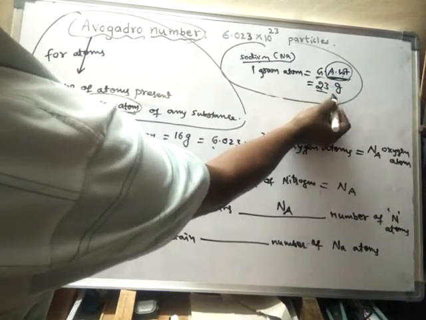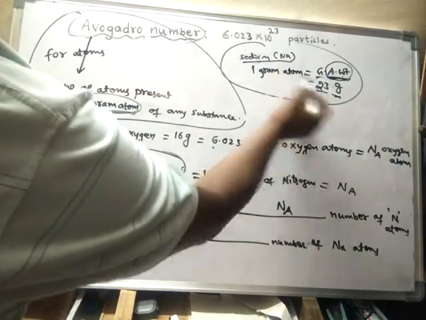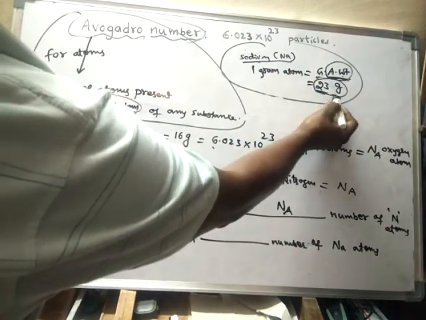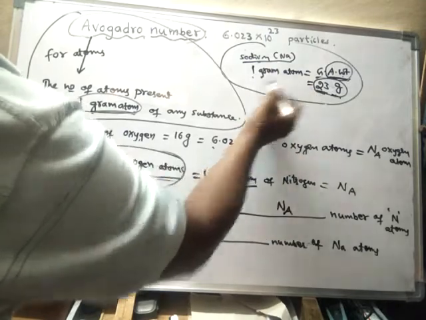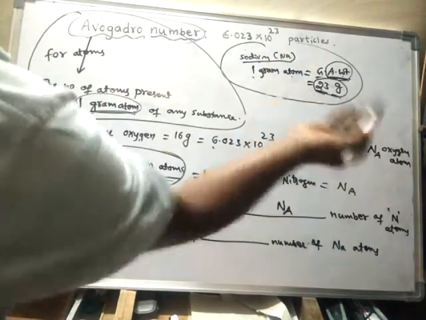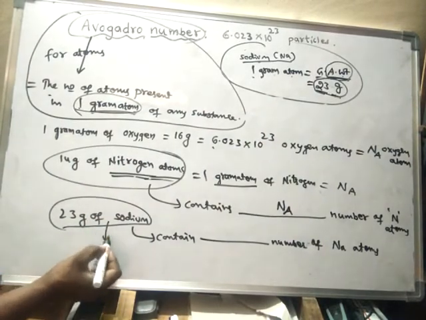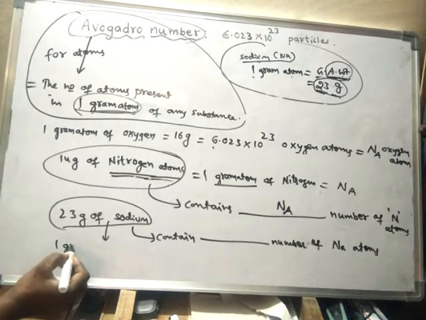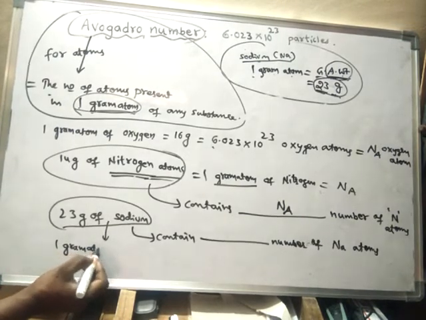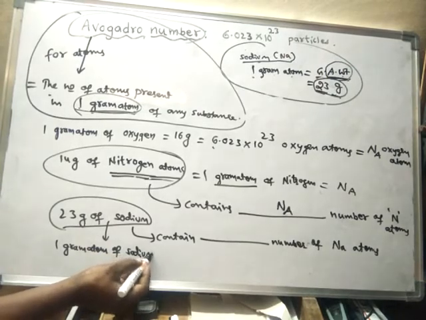So 23 grams. It is clearly understood that 23 grams of sodium is equal to 1 gram atom of sodium. So here in the question, 23 grams of sodium is given, so it is equal to 1 gram atom of sodium.